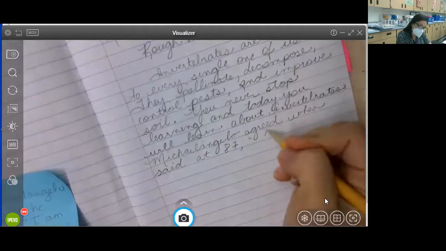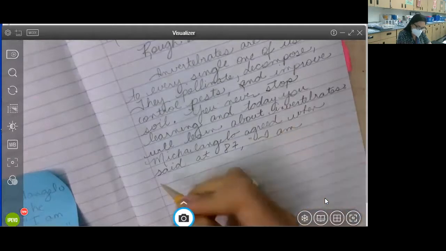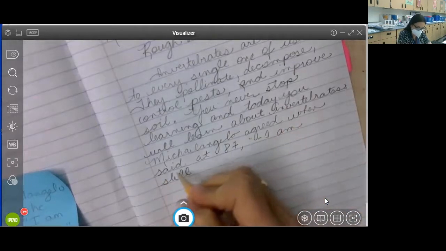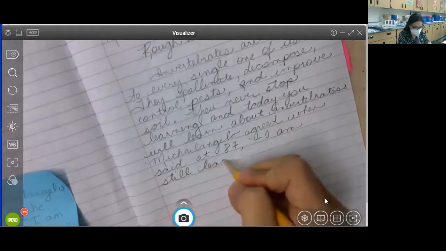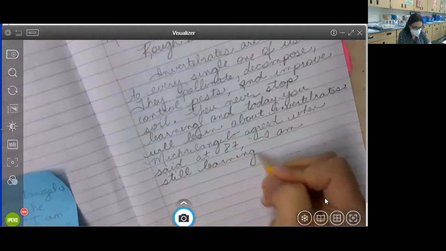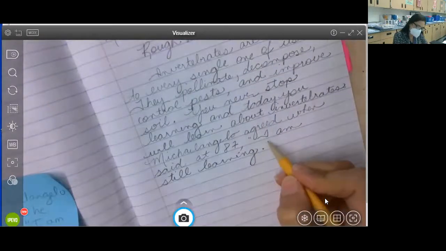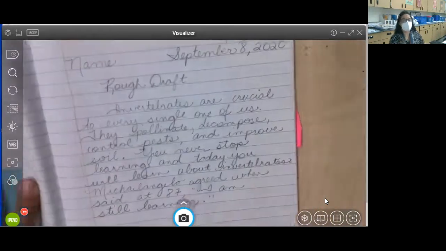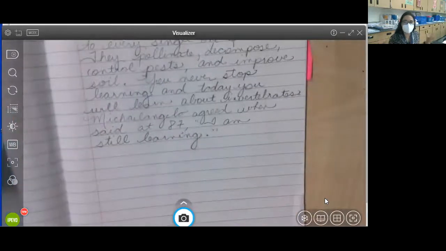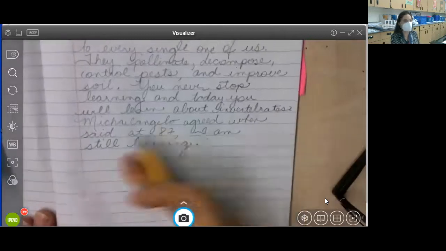He said, "I am still learning." Okay. So this is what I chose to write because it makes my conversation interesting. So I talk about invertebrates, I tell you what we're going to say about invertebrates, and then I give you a little something extra, which is hard to describe. But in this case, this is what I chose.